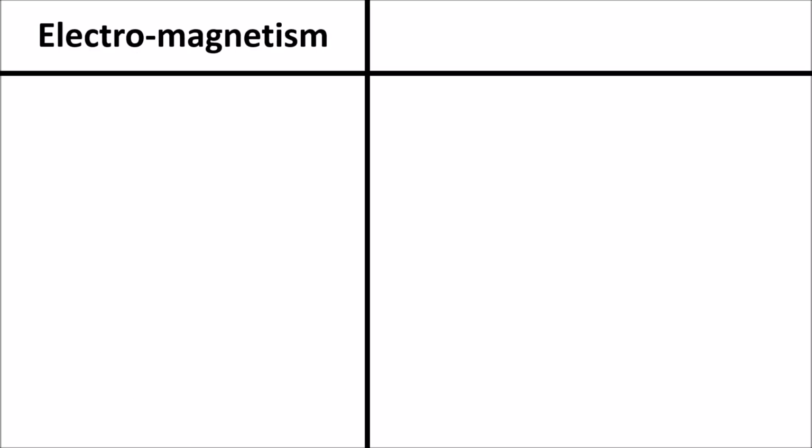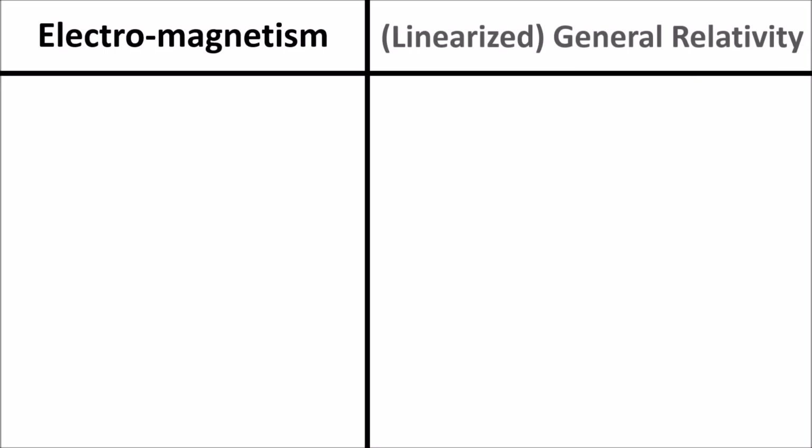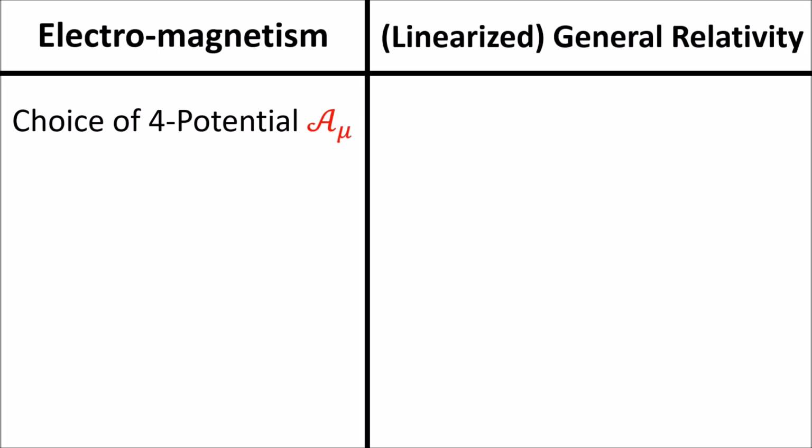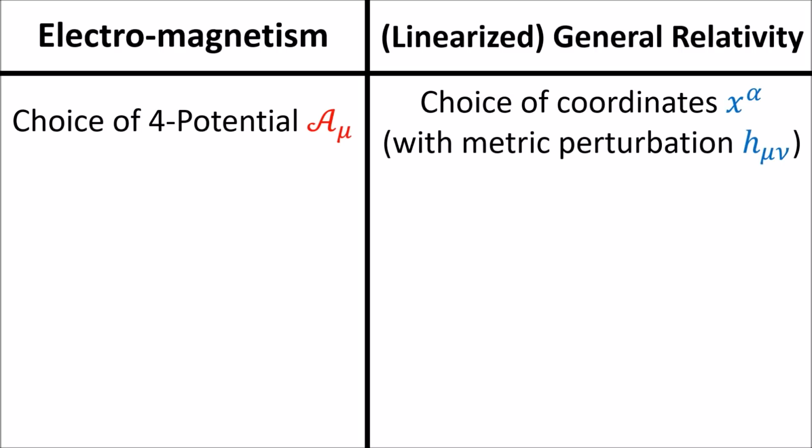This whole process in electricity and magnetism is analogous to what we talked about in this video in linearized general relativity. In E&M, we have the freedom to pick the 4 potential A, and in linearized GR, we have the freedom to choose spacetime coordinates, and those coordinates come with a specific metric perturbation h.